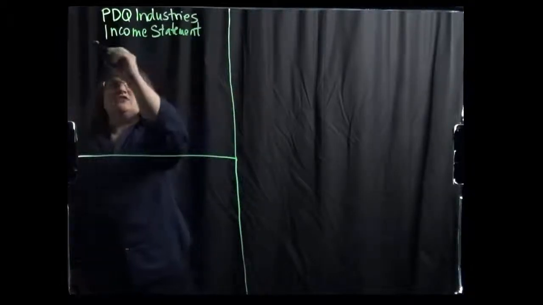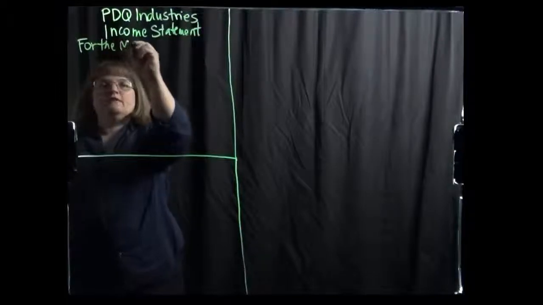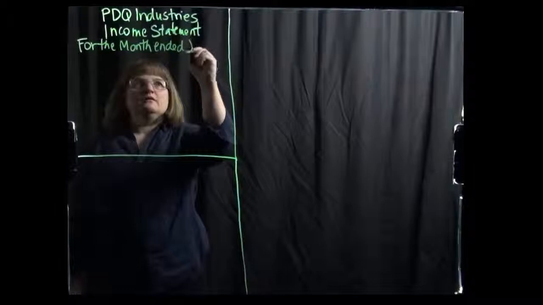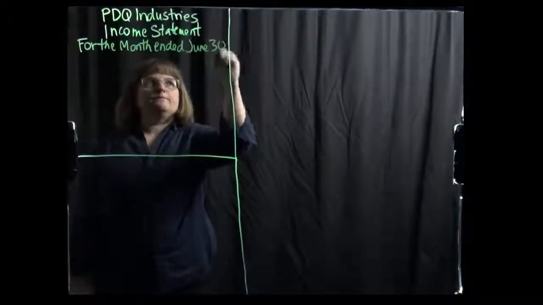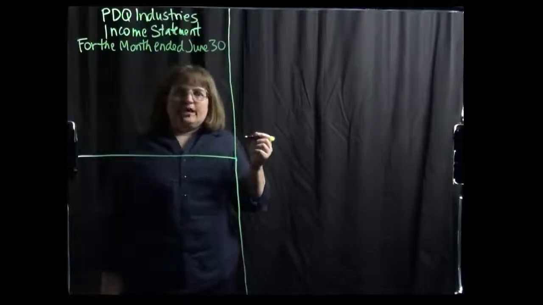It has a defined beginning and a defined ending. And so I need to specify the fact that this is for the month ended June 30th.